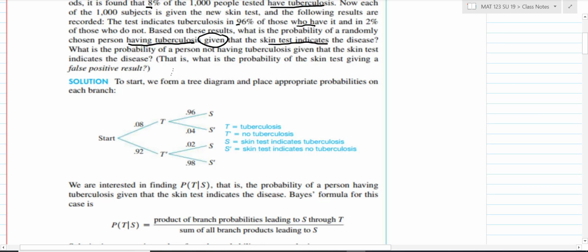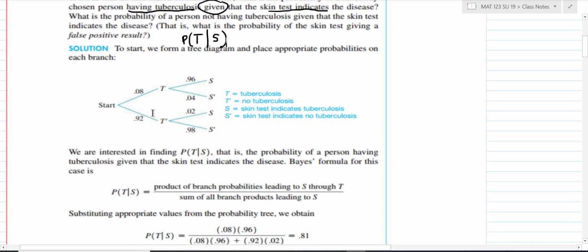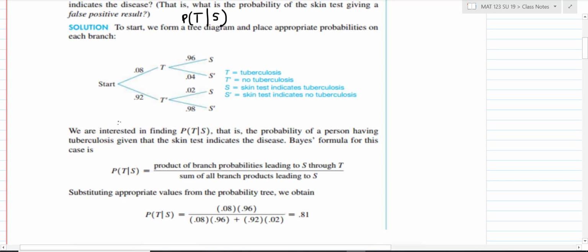Now, the question is the probability of having tuberculosis, which I'm going to write as T, given, with the bar like we've learned, that the skin test indicates the disease. In other words, we're looking for the probability of tuberculosis given that the skin test says you have the disease. When we put this together, we're going to use what we call Bayes' formula.